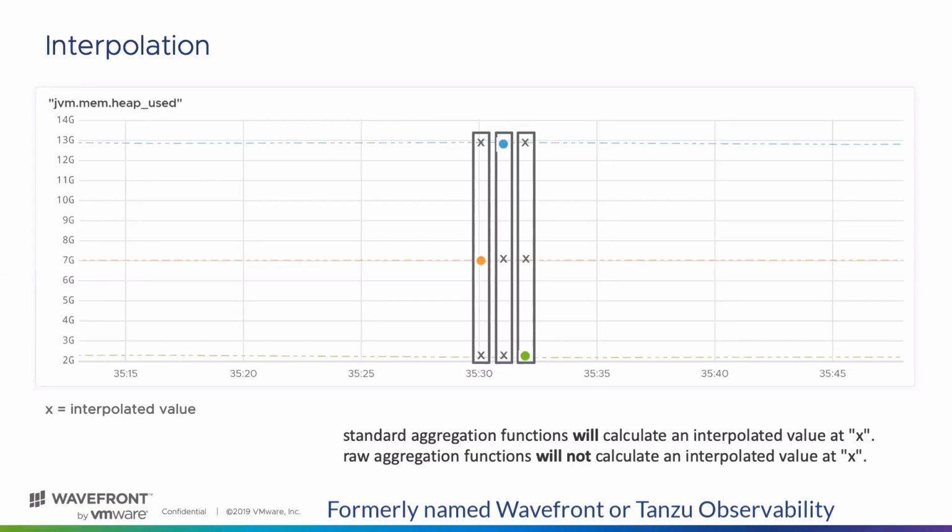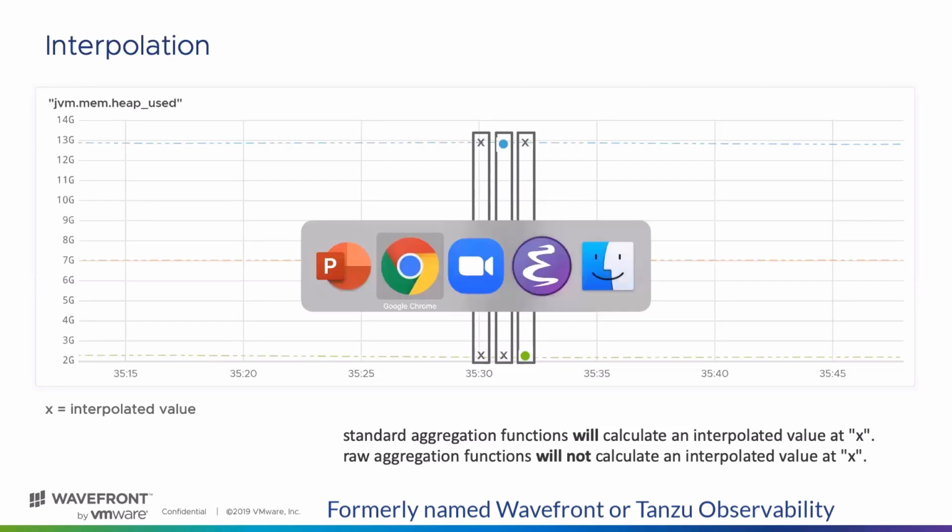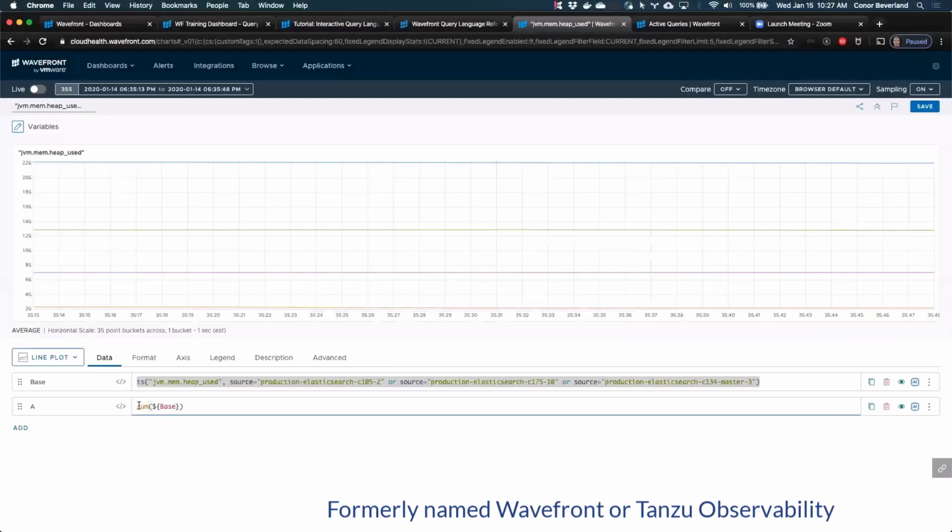And so you might ask the question, why even have raw aggregations? And the difference in how you run them is, all aggregation functions in Wavefront, whether it be sum, max, percentile, any of them, they all have a corresponding version with the same name, but with raw in front of it.